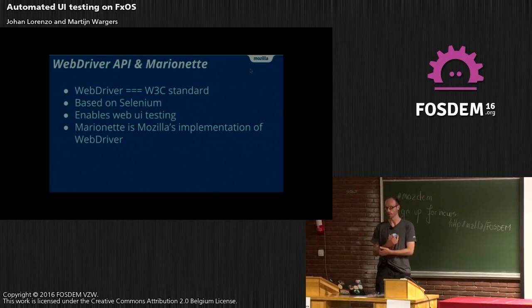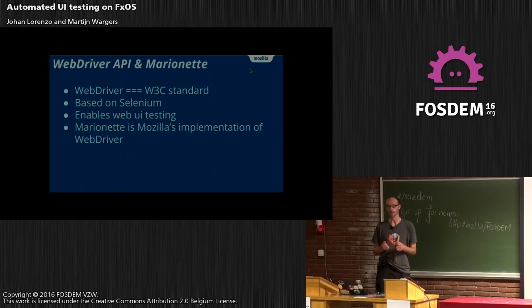I'm going to talk a little bit about the WebDriver API and Marionette, basically. So the WebDriver API is more or less a W3C standard, and it's based on Selenium. I personally haven't used Selenium myself before I was involved with Firefox OS, but it is used by many people for website testing, UI testing basically.